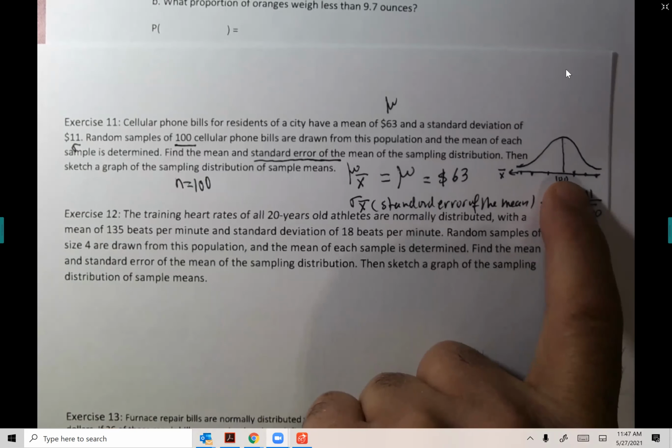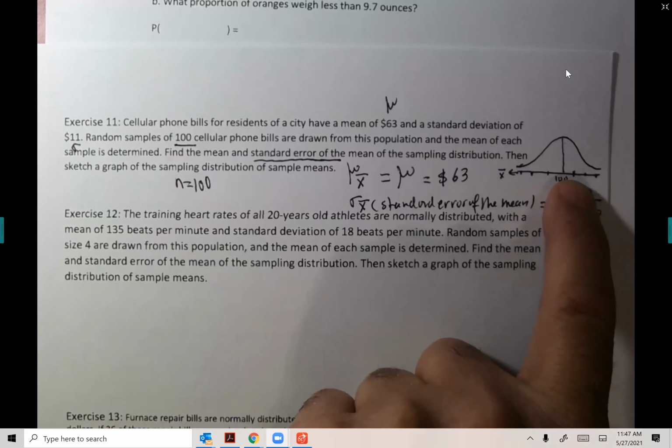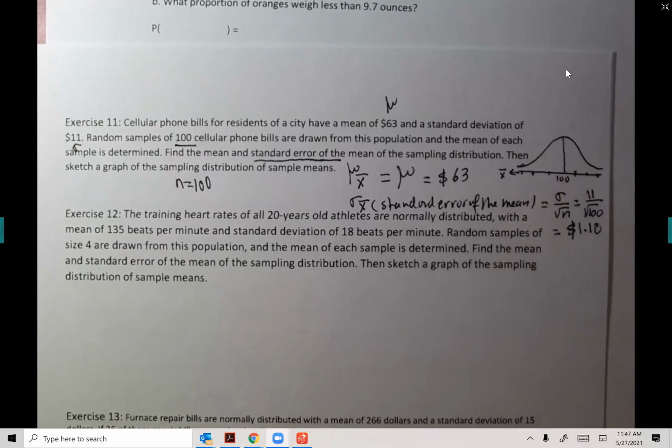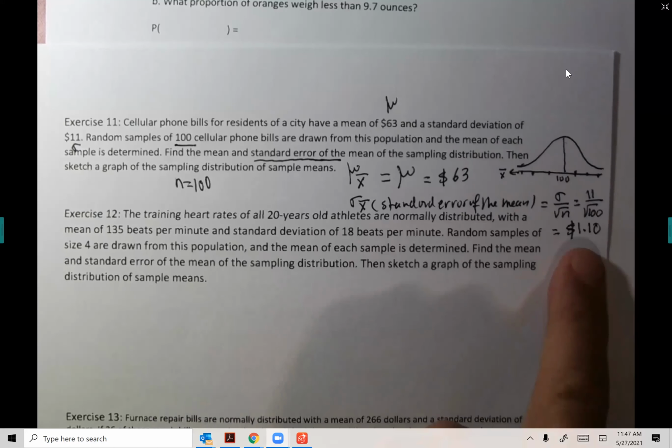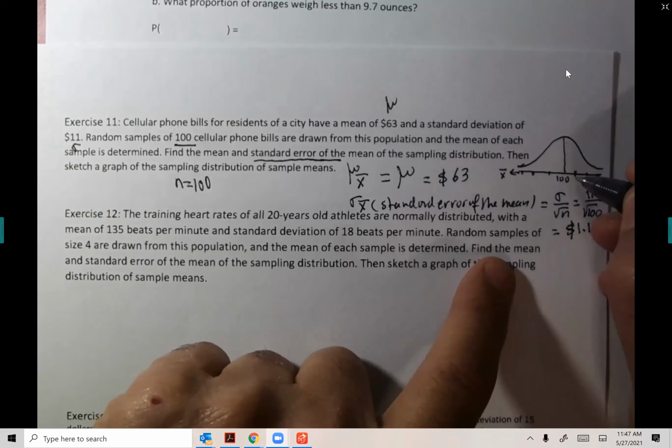Don't we add one standard deviation, two standard deviations, three standard deviations? So what would be the next one? 111. But remember, we're not working with X, we're working with X bar. It is 111 if you're sketching X, but we're sketching X bar. So what would the standard deviation be here? 1.10. So 100 plus $1.10 will be 101.10.